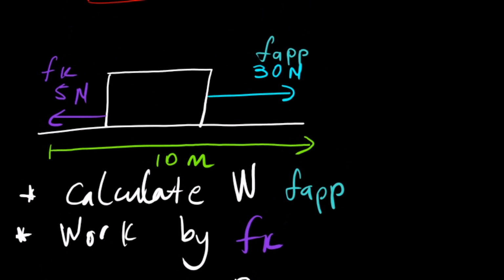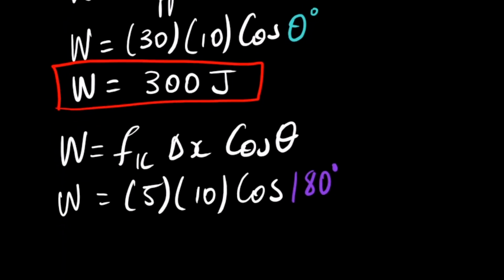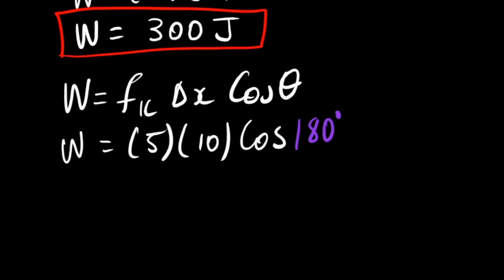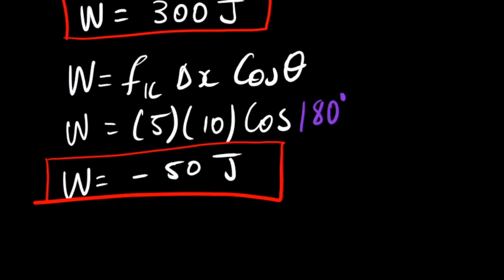Why is it 180? This angle here, it's actually 180. This should give us negative 50 joules. That's it for this problem.